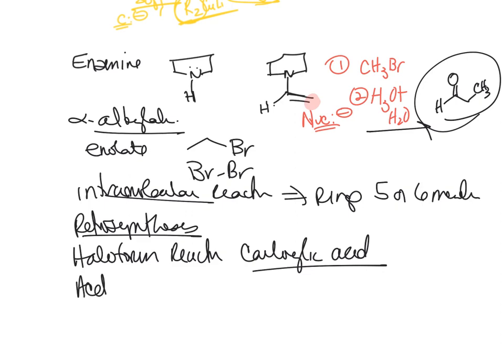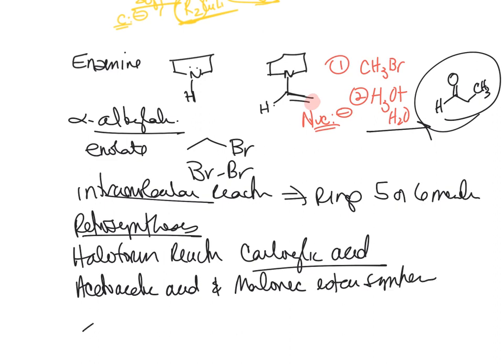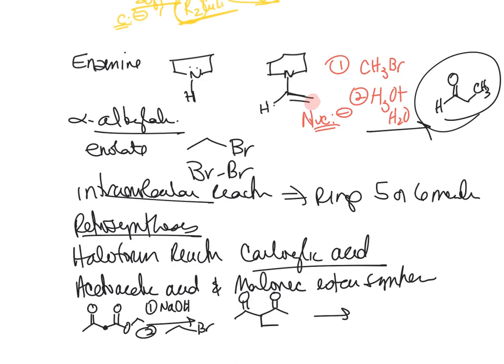We talked about the acetoacetic acid and malonic ester synthesis, and that was in your POGIL. So if you have something like, this is your acetoacetic acid, and you react that with base and like a primary halide, then you get alkylation on the alpha carbon as such, and acetoacetic, sorry, here, this would actually be an ester.